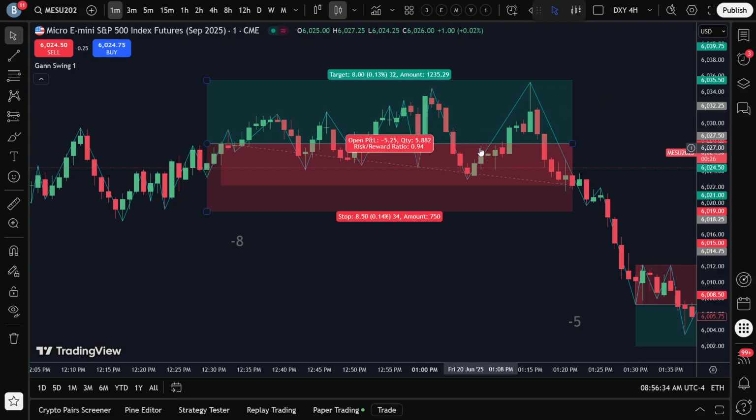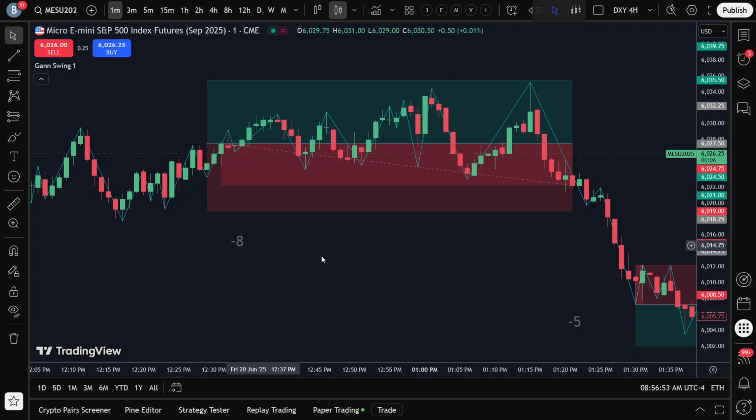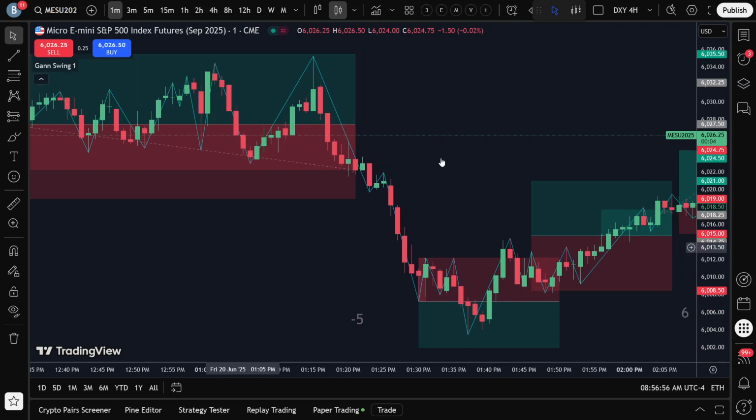I like to do the 1-to-1 because I pretend I'm setting and forgetting the trade and walking out of the room. But if you were actually staring at the chart and managing this trade, there's a chance you set it to break even once you get that, even here. But we're not going to do that in the back test. We're going to take the loss at -8 points.